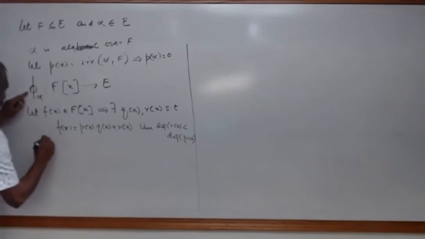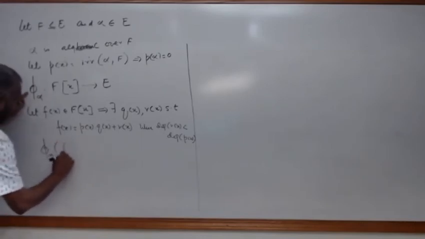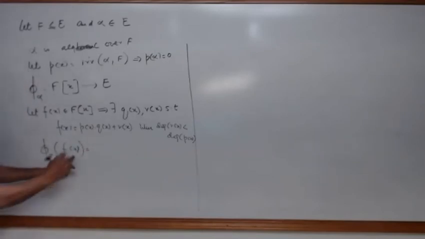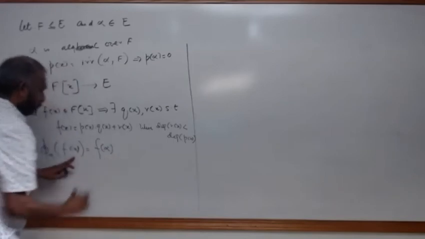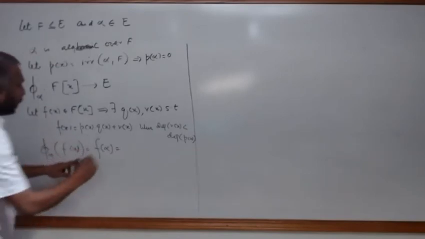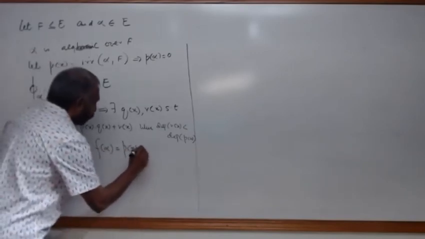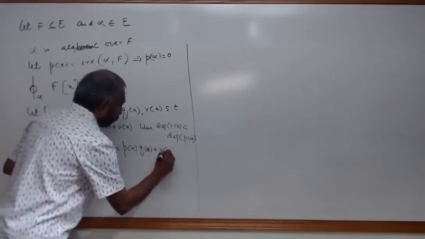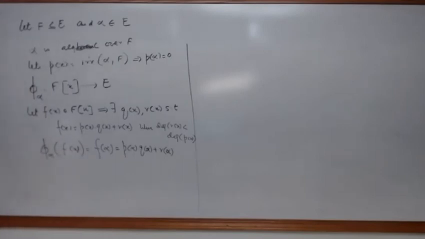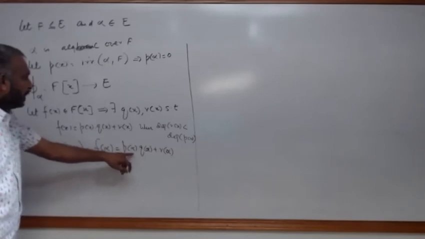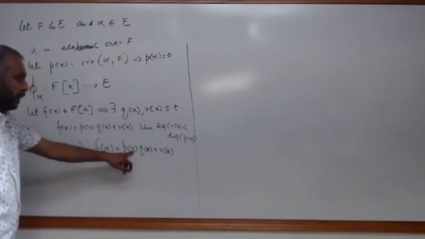So let us see what is happening here. Phi alpha of f of x is, by definition, f of alpha. And that is equal to p of alpha times q of alpha plus r of alpha. But p of alpha is 0 because this is the monic irreducible polynomial for which alpha is a 0.